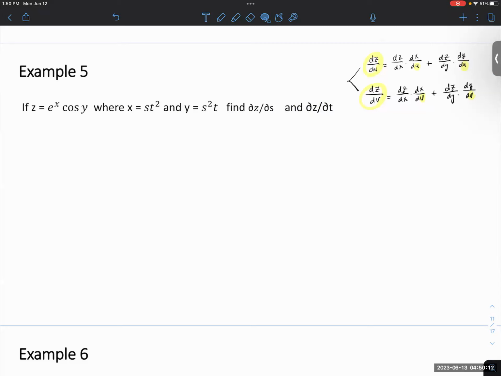All right, so what we're going to do, we have to do all the step-by-step work. Let's find out. So this time, the z equation is e to the x times cosine y. So you have x and y here, but then x has s and t, and y has s and t. So this is exactly the two independent variable case. So we're going to do each case. So dz, this time, you're going to s and t.